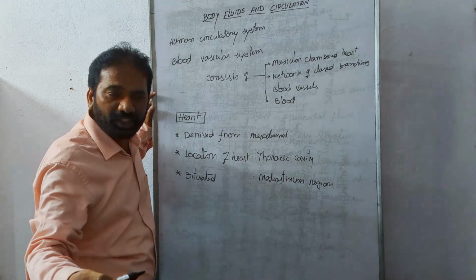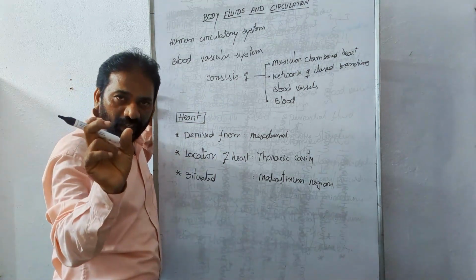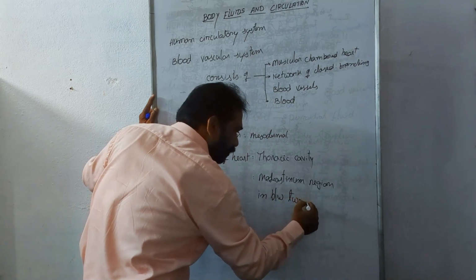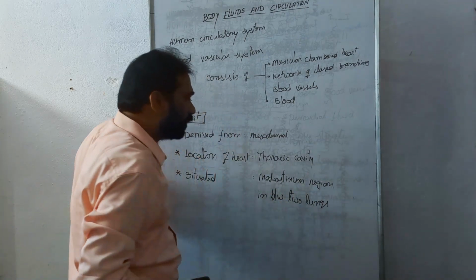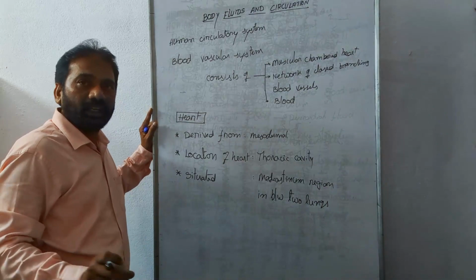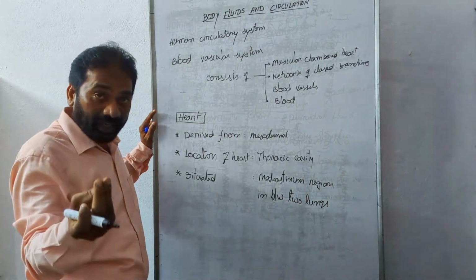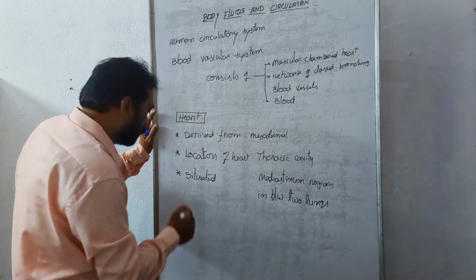Where is it mediastinum? That is in between two lungs. What is the size of that? And then what is the shape? And then weight? Then all these we will also learn.